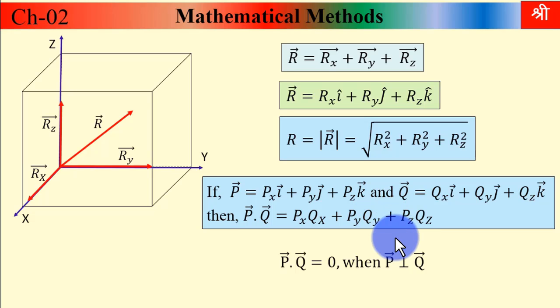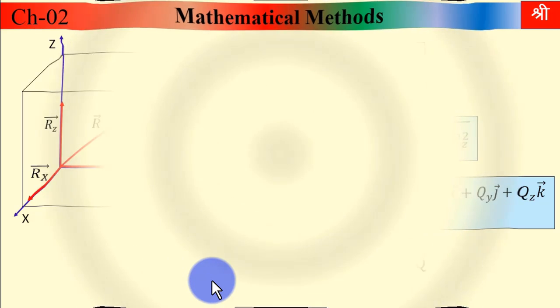And if two vectors are perpendicular, then their dot product is 0. Vector p dot vector q equal to 0 when vector p is perpendicular to vector q. So today's examples are based on these formulae. Let us start the examples.